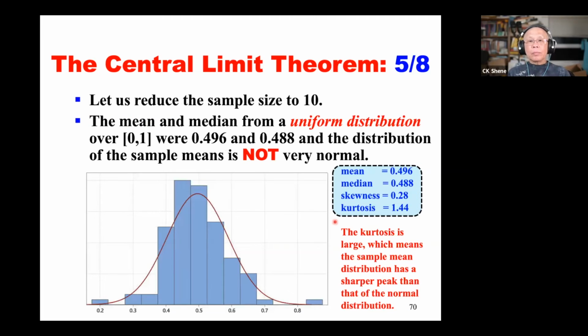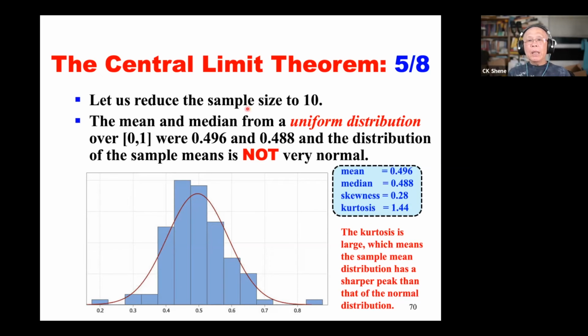Now, what we did was 100 samples. In each sample, we have 100 points. In each sample, the sample size is larger than 30. What if we reduce the sample size to 10, which is less than 30? A critical value you could be criticized.